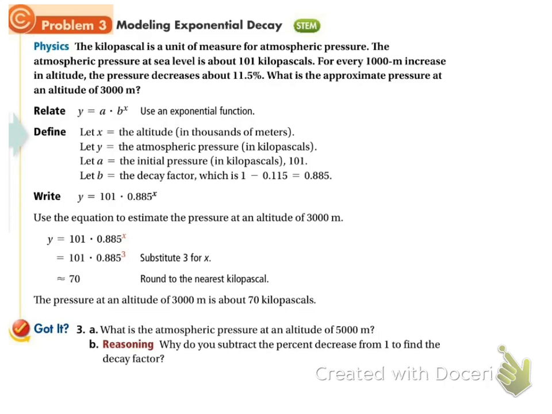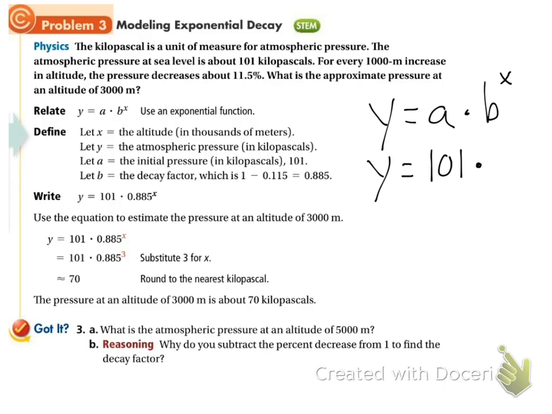And then we're going to do our problem down here saying what is the atmospheric pressure at an altitude of 5,000 meters. So we've got our equation, y equals a times b to the x. A is how much we started with. So at sea level, which is where we're starting, that's at 0 meters high, kind of, we're at 101 kilopascals, so 101 goes in.